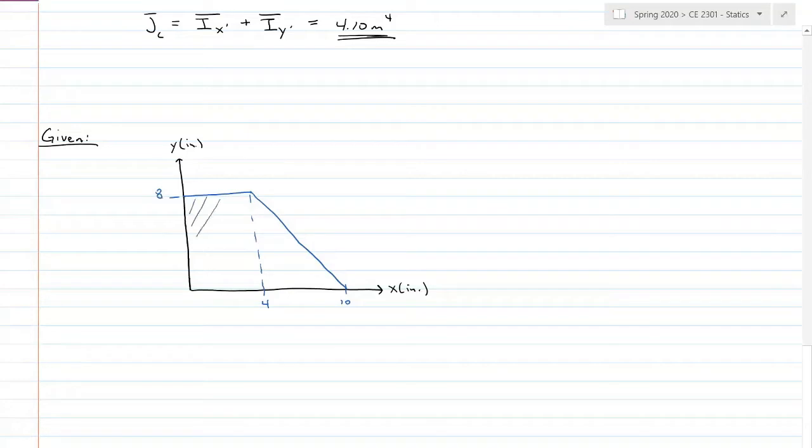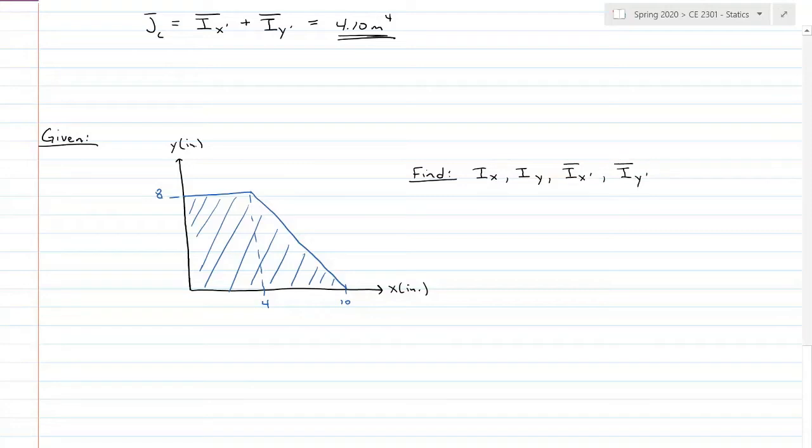So here's my area. And I want to find Ix, Iy, Ix prime bar, Iy prime bar.